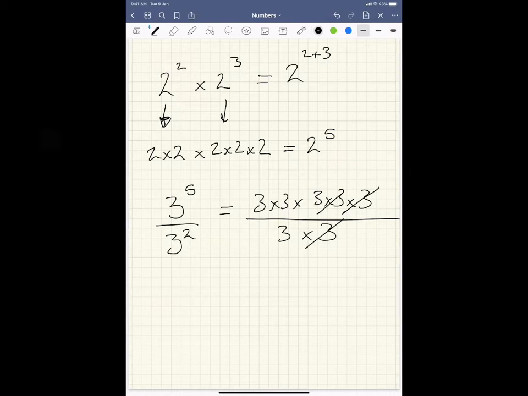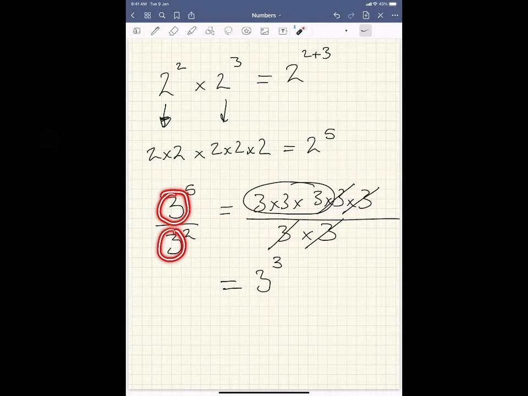The times 3 here will cancel with the divide 3 here. And you've just got this left, which is 3 to the exponent 3. So if we have 2 numbers, same base, and a division, we take the 5 and the 2, and we just subtract. So this is 3 to the 5 minus 2.